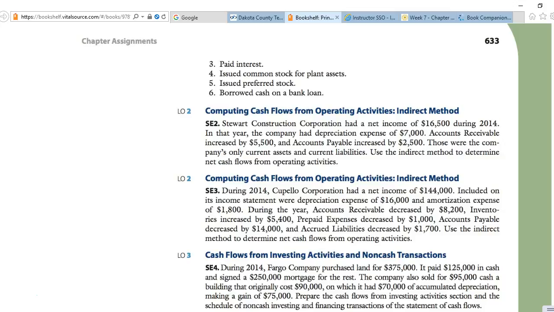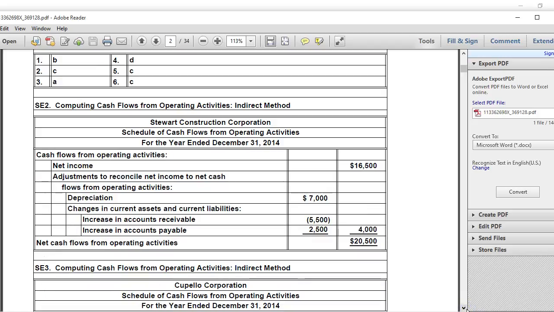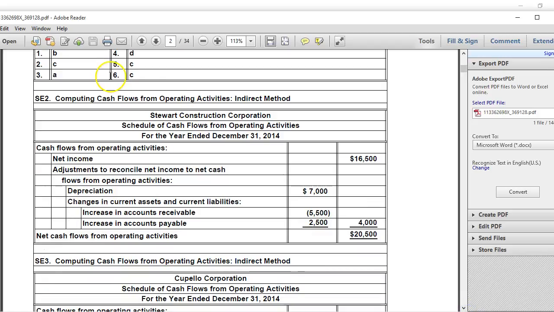Accounts receivable increased by $5,500, and accounts payable increased by $2,500. Those were the company's only current assets and current liabilities. We're going to use the indirect method to determine the net cash flows from operating activities. So as you see here, we're going to start with cash flows from operating activities. We start with our net income of $16,500.